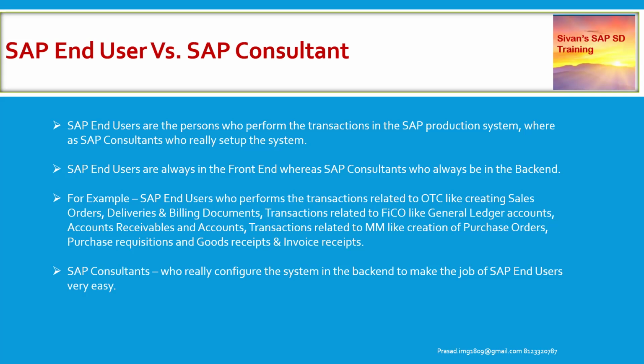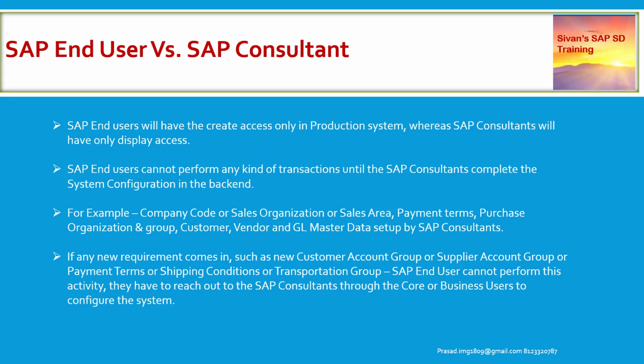Only one consultant is responsible for that particular module, but they will integrate with each other wherever required. That is why SAP consultants configure the system in the backend to make the job of SAP end users very easy. SAP end users will have the create access or create role in the production system, whereas SAP consultants will have only display access in the production system.